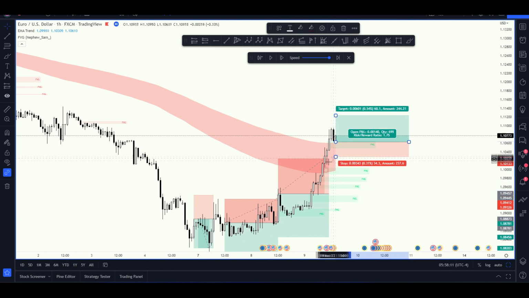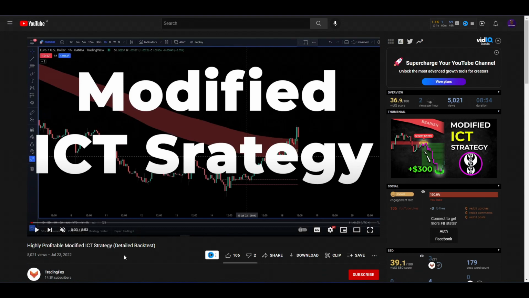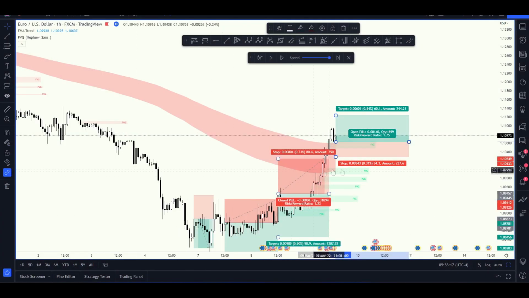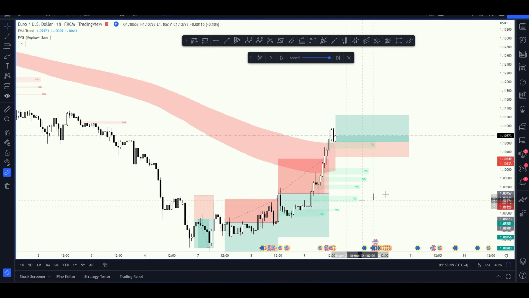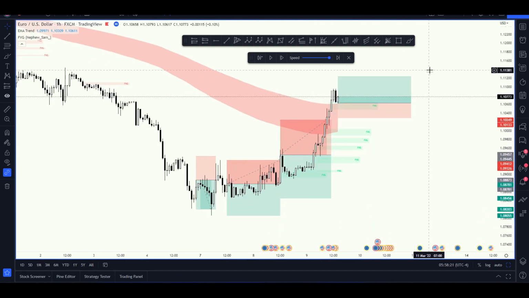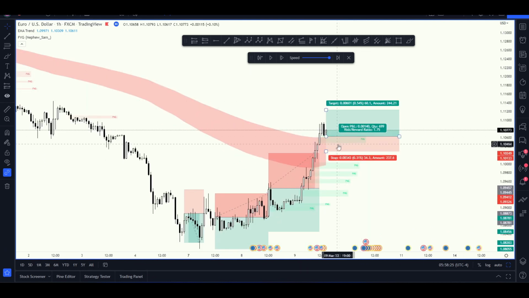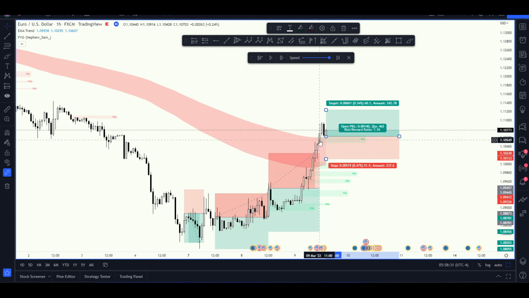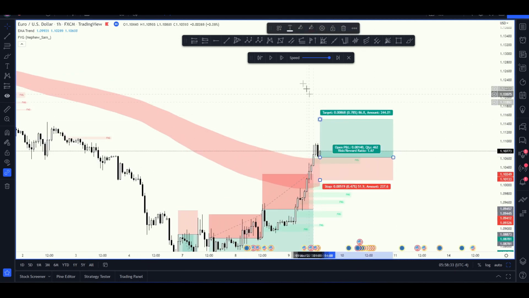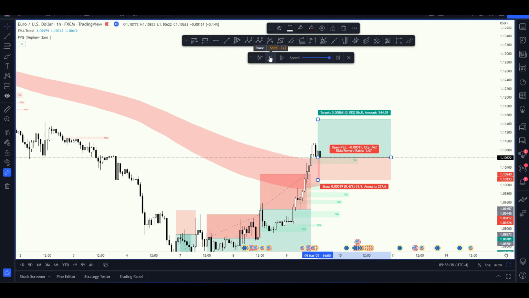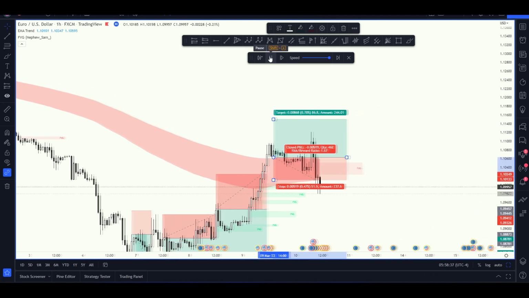The TradingFox guy who made a video didn't tell where the stop loss should be if we have such a prolonged move to the upside. So I guess I'll just put it right below the candle which created the fair value gap. So that's an assumption.